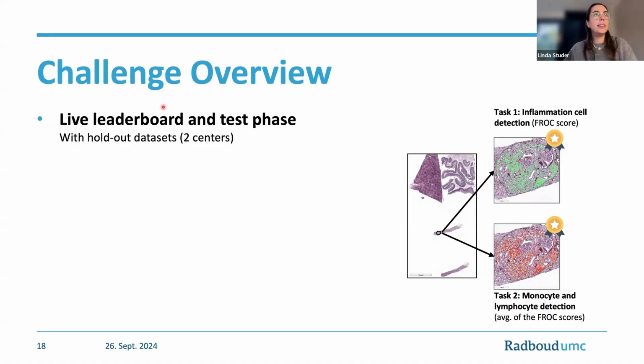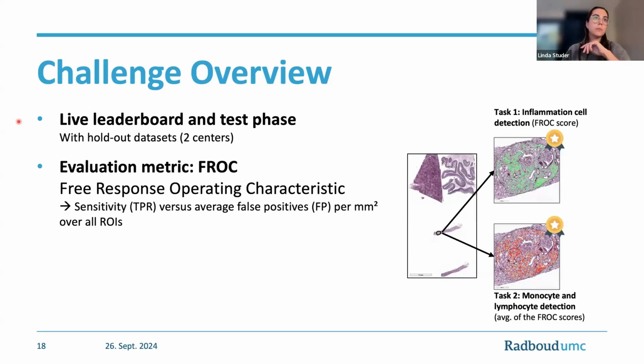Based on that, they were allowed to select 2 models for the final submission to the test phase, which was then used to determine the winners of the challenge. And we also used holdout test sets from different centers' data to do this.